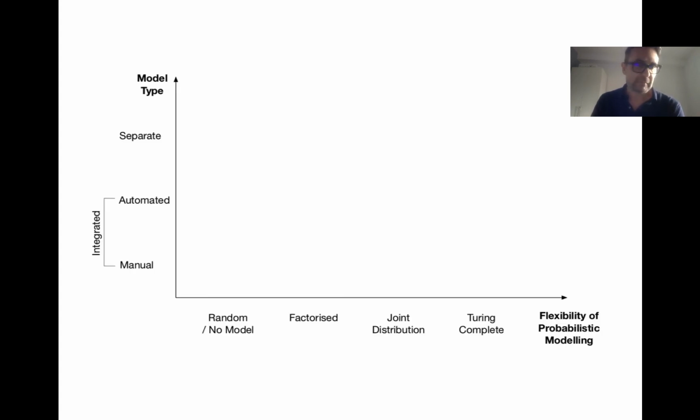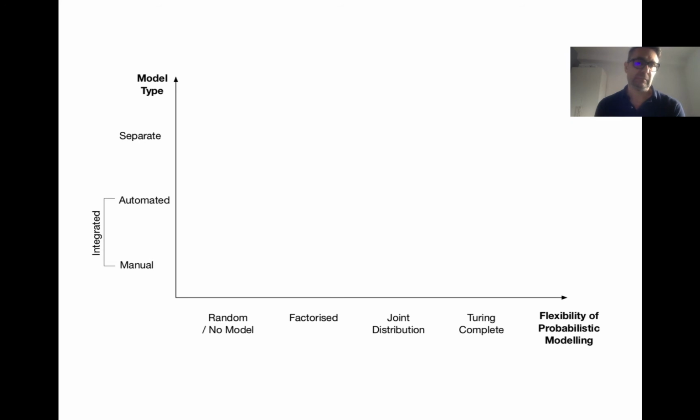So in the paper we have a very simple conceptual model where we think there's some benefit in looking at these two different dimensions. On the x-axis here we have the flexibility of the probabilistic modeling. So to the left on the x-axis you have the random model. So that's no model, right?